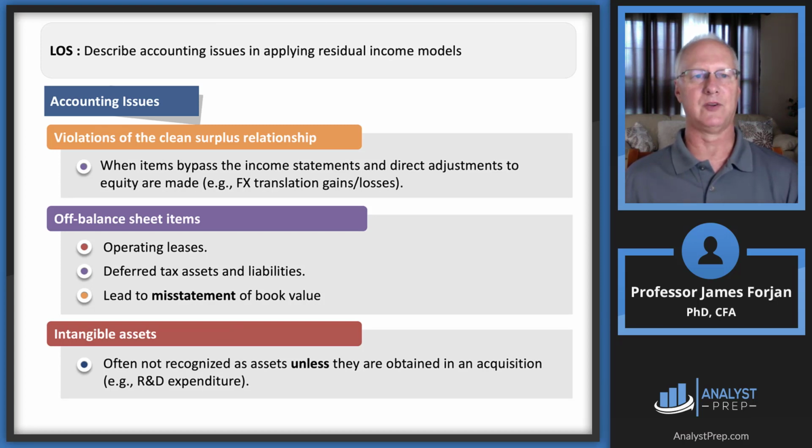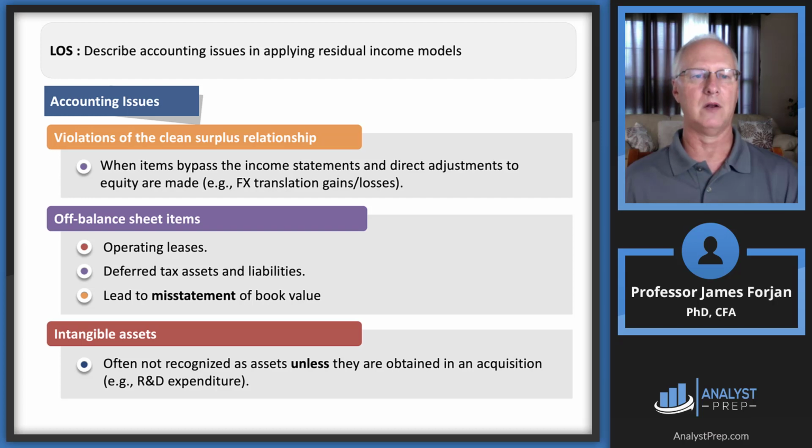Describe accounting issues. All right, so some accounting issues. We talked just a little bit about this clean surplus relationship, when items bypass the income statement and direct adjustments to equity are made. The glaring example of this is those currency translation gains or losses. And this applies to all that stuff we talked about with forward contracts, futures contracts, option contracts, and swap contracts.